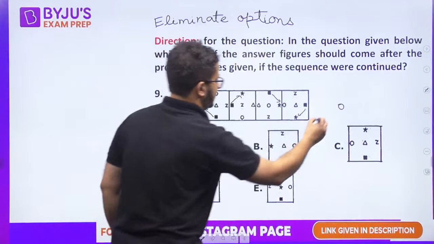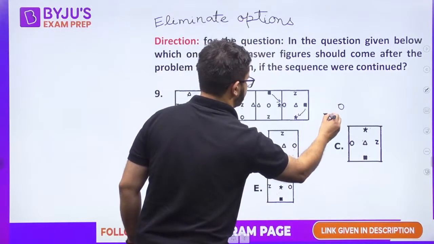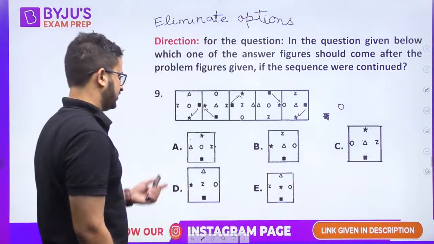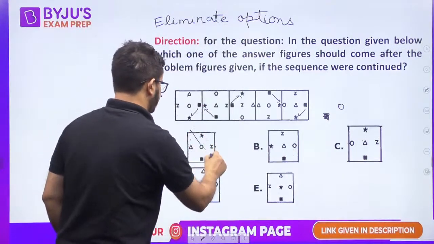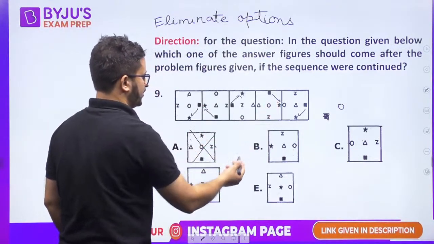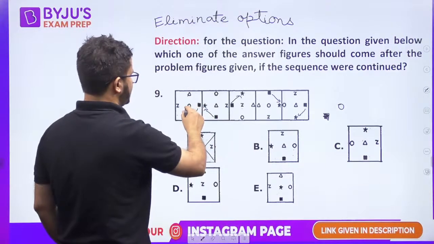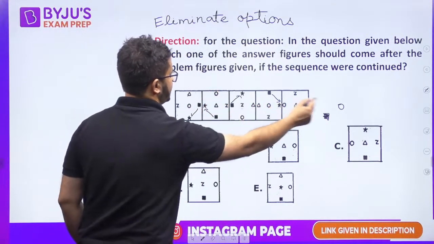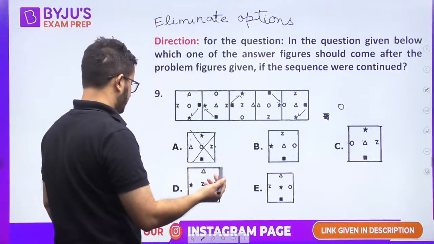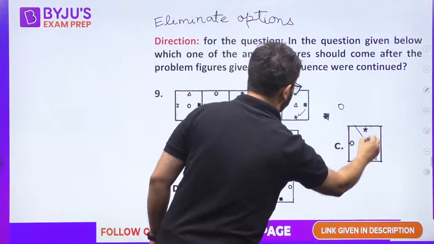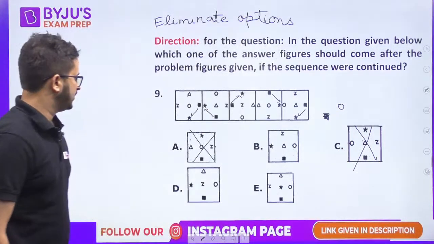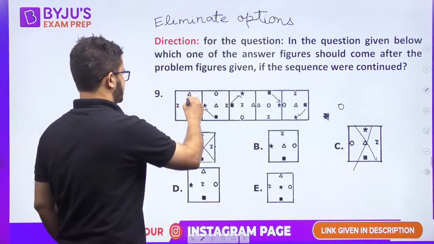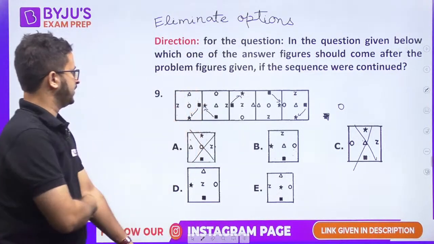Okay, ideally it will be on the right side, this one. So we can eliminate this option. It will not stay at the center, because if it is coming to this from the center, it is going to one end, then the extreme end, then center, then one end, second end. So we have eliminated 2 options. We are done with this figure.